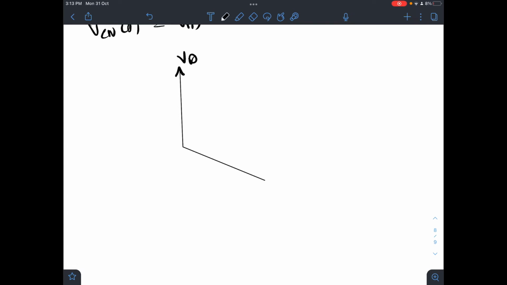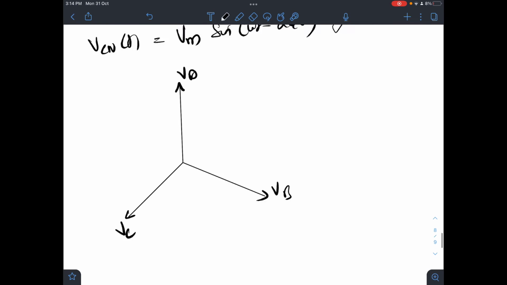They will all have equal magnitudes. If it is not so, that is just because of my drawing. Now I will have another quantity, which is the C phase. This is VC. These are the phase voltages, A to neutral and so on.